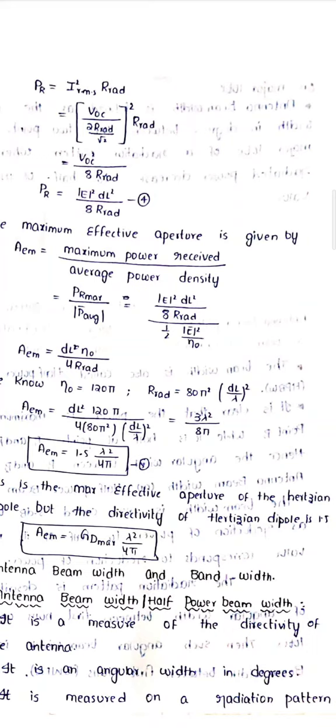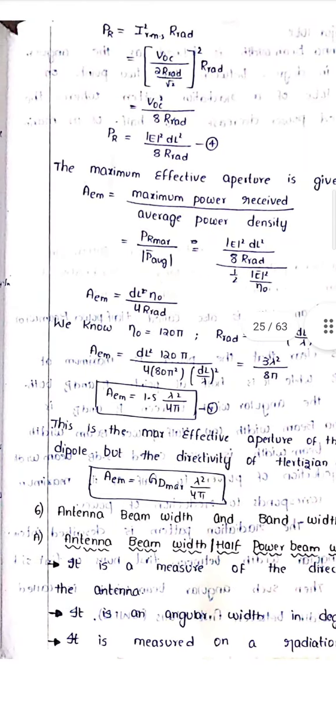P_R max is E squared dl squared divided by 4 R radiated, and P average is 1 by 2 E squared by eta naught. If you simplify this, you will end up with dl squared eta naught divided by 2 R radiated.